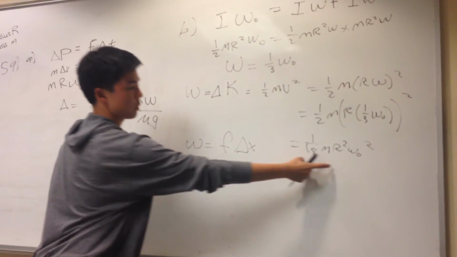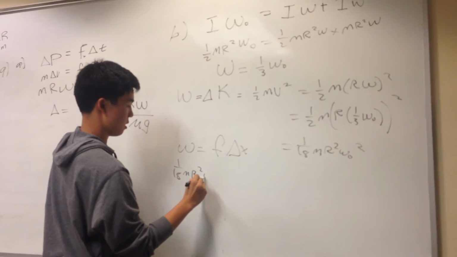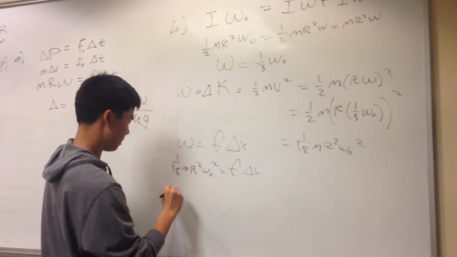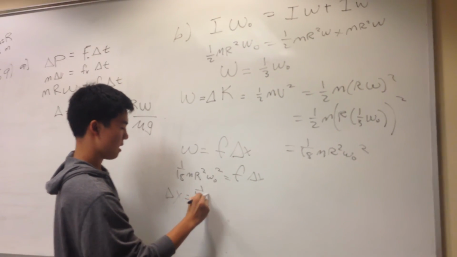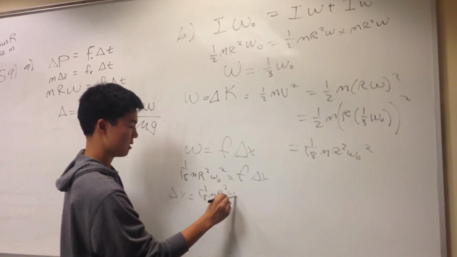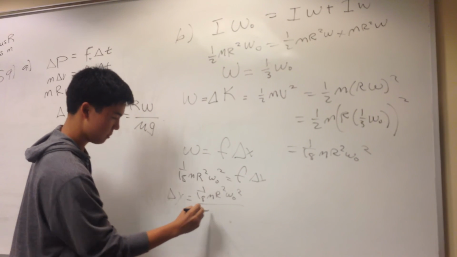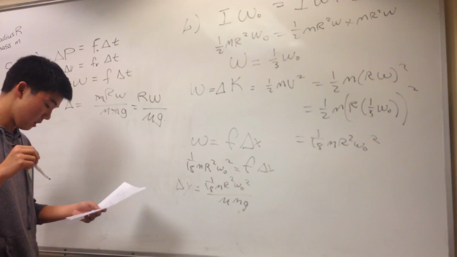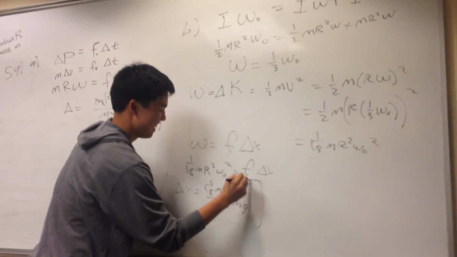What we got for work was 1/18 m r squared omega initial squared equals friction delta x, and then delta x equals 1/18 m r squared omega initial squared over friction, which is also mu mg. Oh, yeah, that's my answer, because that's the answer that the book has.